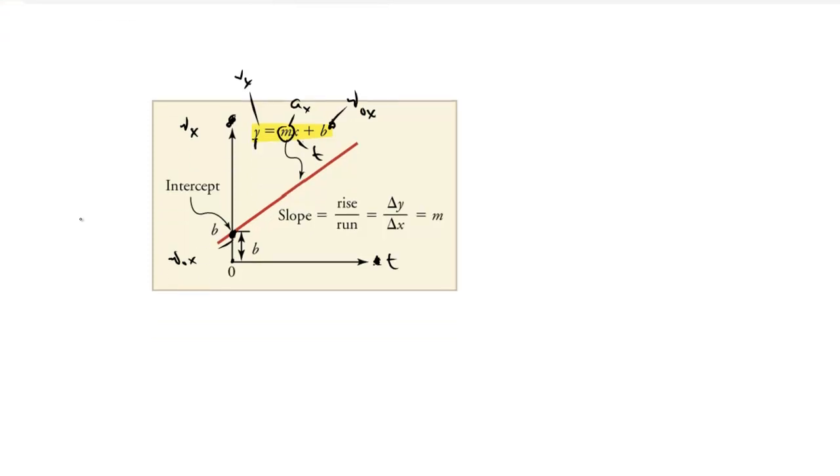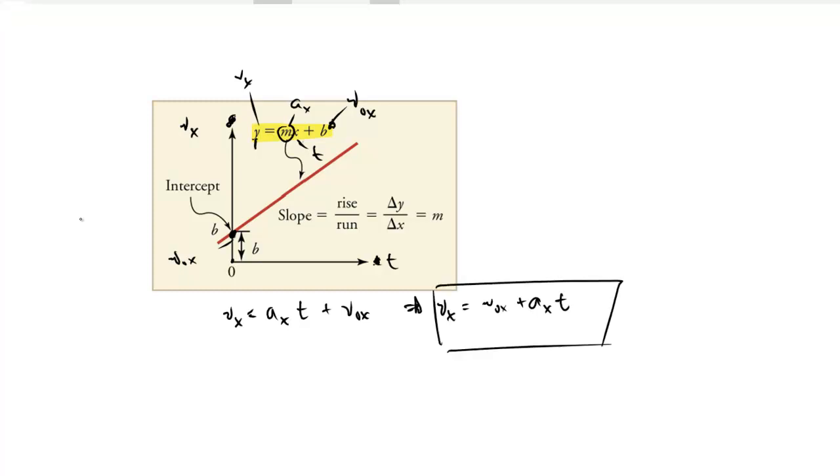So our linear equation becomes velocity in the x direction is equal to acceleration in the x direction times time, plus some starting velocity in the x direction, which we usually write as v x equals v naught x plus a x times t. This is a relationship between starting velocity, final velocity, acceleration, and time. And we call this our first kinematic equation, the equation of motion for constant acceleration.